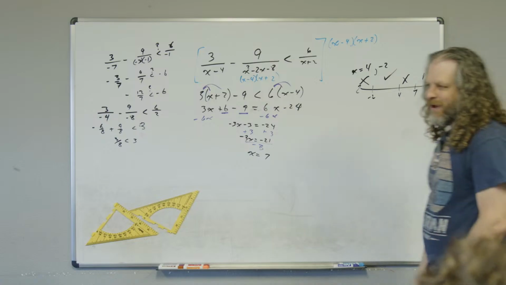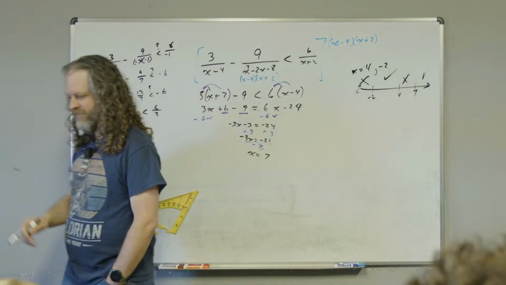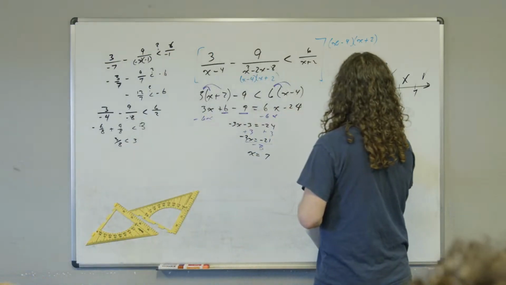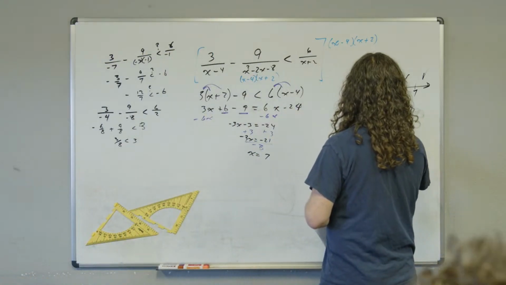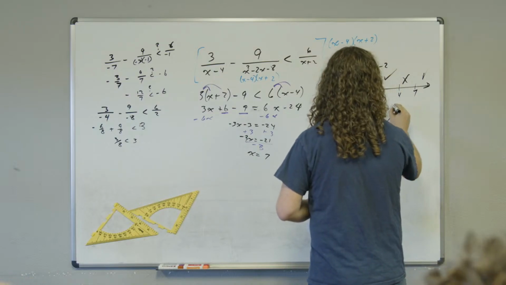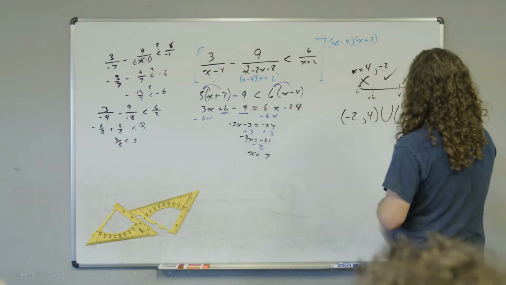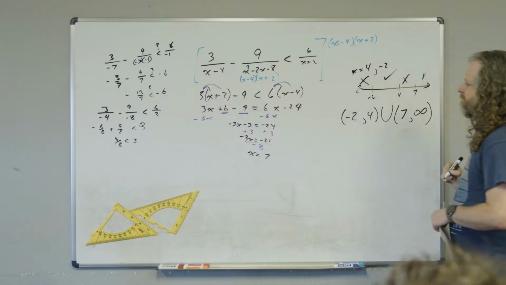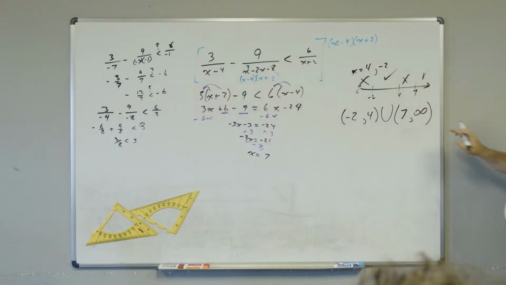So then, how do we write our answer? x is... there's no solution? Is there no solution? Actually, it can include 7, right?